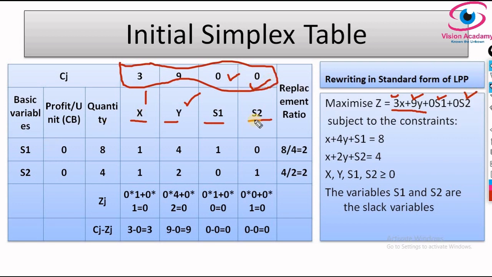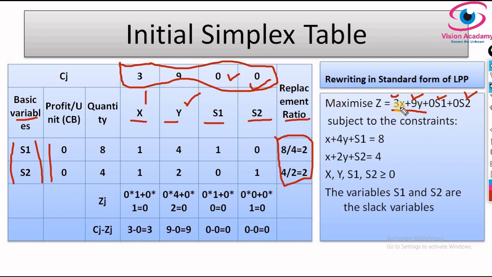So here the replacement ratio column is this. Since I am presenting in PPT mode, I have directly calculated it, but I will explain here. On the left side we have the basic variable. In the initial simplex table we have to consider only the slack variables as basic variables, and the profit or unit coefficient of the basic variable is 0.